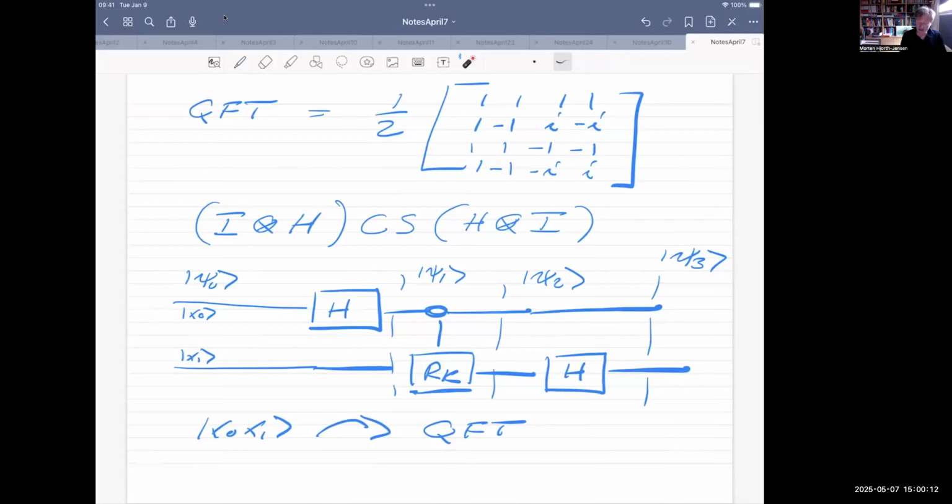So suppose I take that matrix. Let's just now call this QFT2. So let's give it a specific subscript.